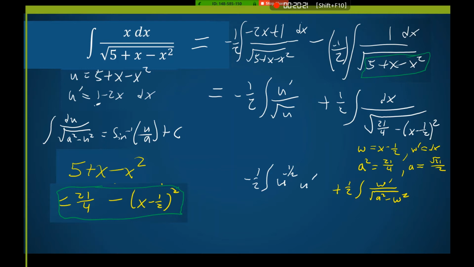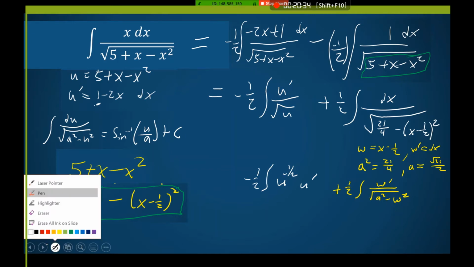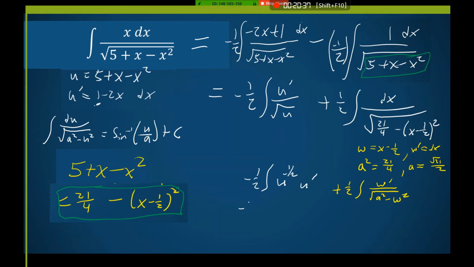Okay, so let me jump to the next person on the list. I've done Abby and Kyle so far, so let's go Nikita. Nikita, if I integrate u to the negative 1/2 power u prime, what will happen? It's going to be u to the negative 3/2.